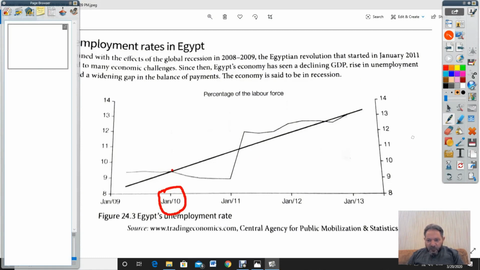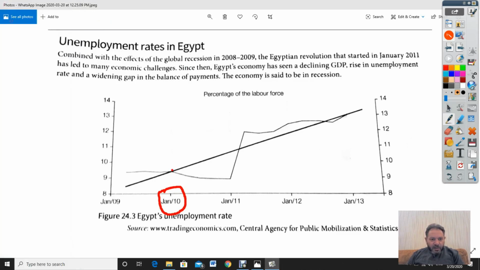If we take a straight line, I see that the percentage will be 9.5. If we take a point across through this line and this line, we will see that it reached 9.5 percent.